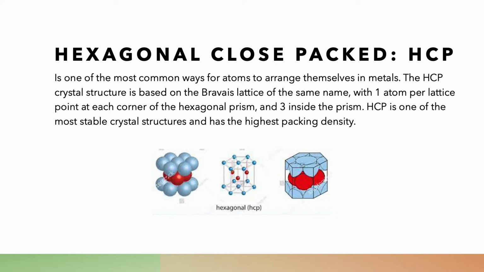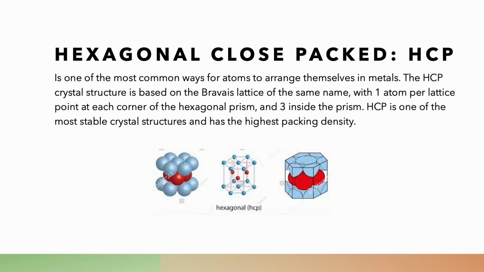Hexagonal close packed, HCP. The hexagonal close packed unit cell can be imagined as a hexagonal prism with an atom on each vertex and 3 atoms in the center.